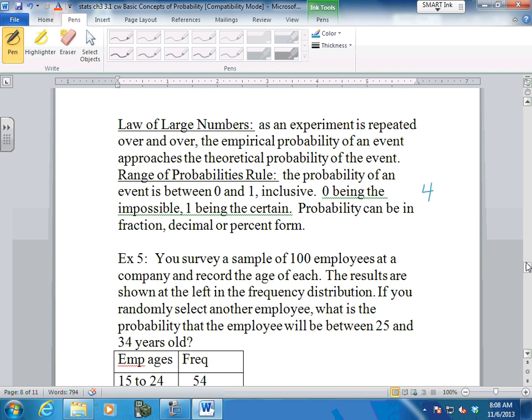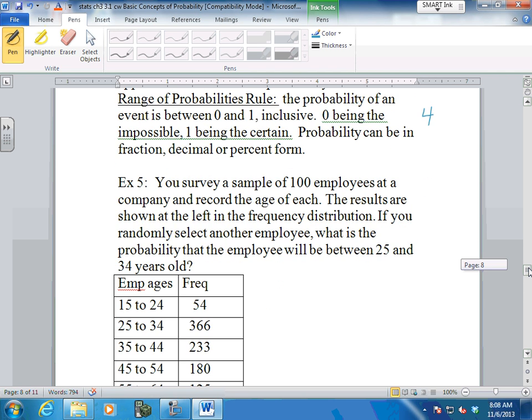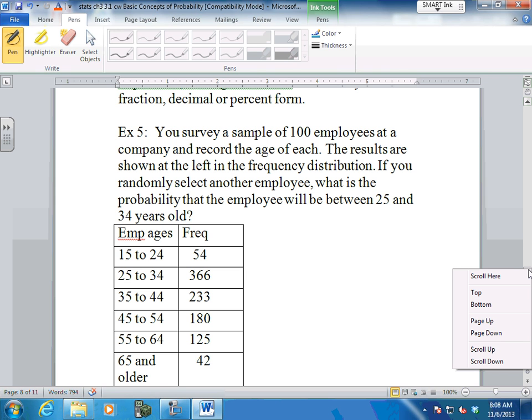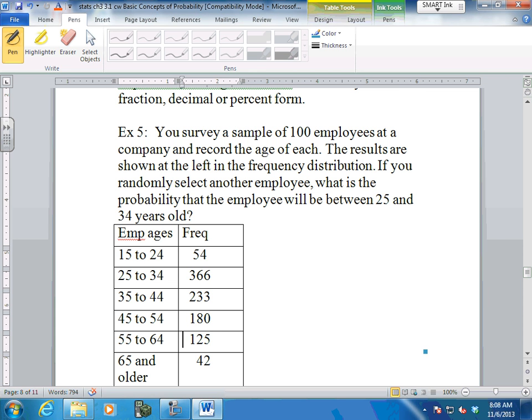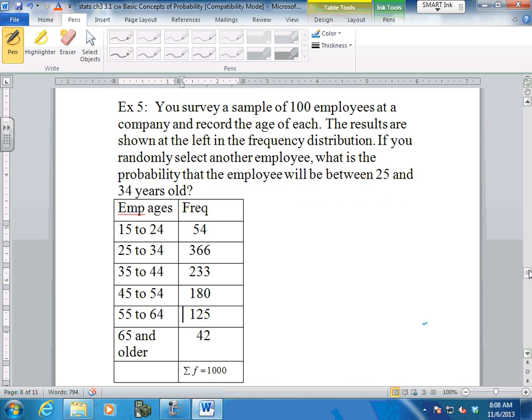So you sample 100 employees. The results are random. If you randomly select another employee, what is the probability that employee will be between 25 and 34 years old? 233 out of 1,000. Between 25 and 34, 366 out of 1,000.